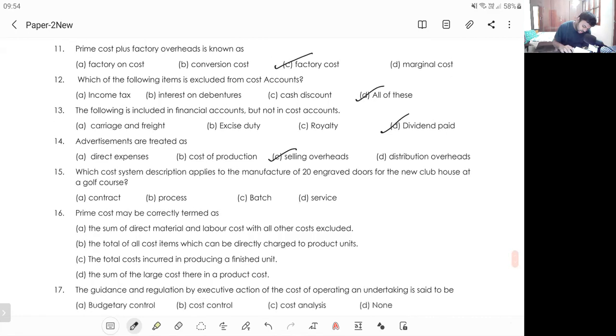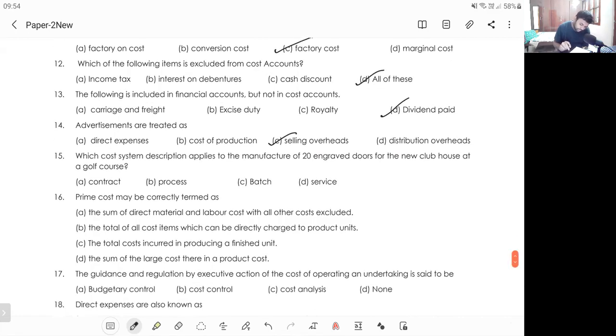Next, which cost system description applies to manufacturing of 20 engraved doors for a new clubhouse? Basically, it must be job costing, my dear friends. But since job costing is not there, the further level of job costing is batch costing. So we'll have batch costing.